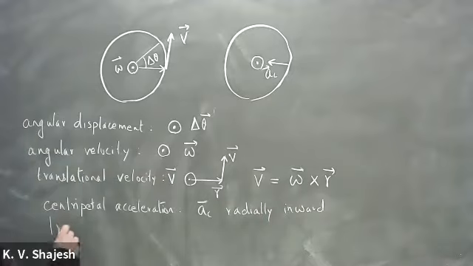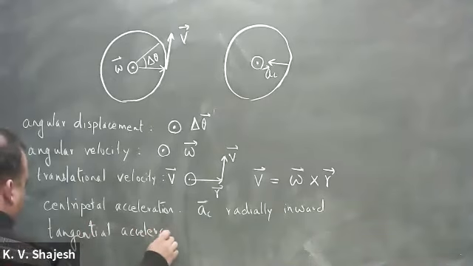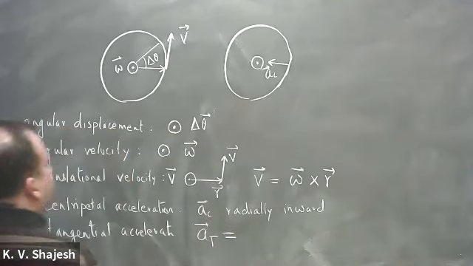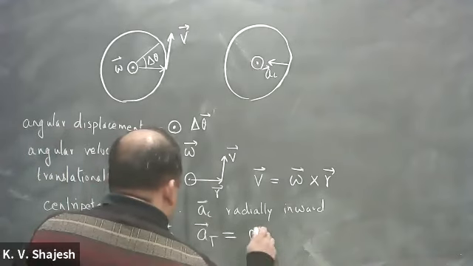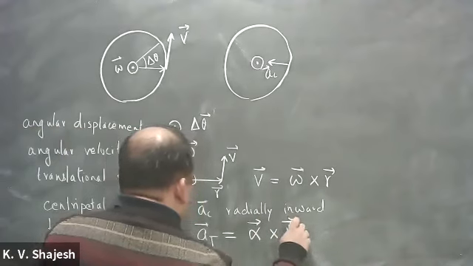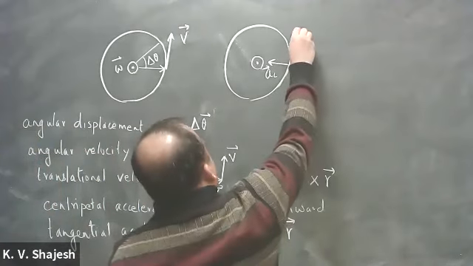Then there's tangential acceleration, I think that's the better way to word it. a_t would be alpha crossed with r, and that's a tangential acceleration.